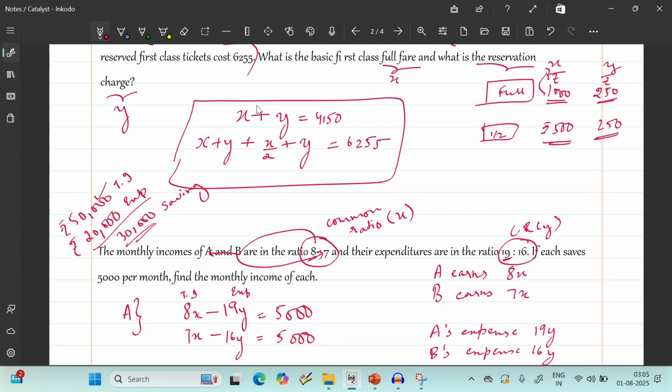In fact, when you solve them, they are very easy. We will handle them in a separate episode so that it becomes easier for you to understand.